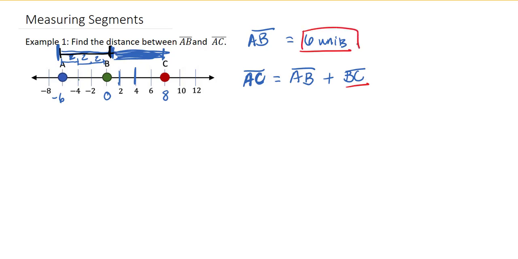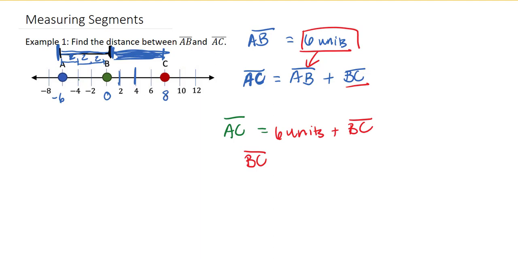So the first thing we can do is substitute 6 in for AB in order to solve for AC. So we have AC is equal to 6 units plus BC, and we don't know what that is. So BC, like the segment. If we're starting at 0 and ending at 8, that means we have to go up 8 units, right?